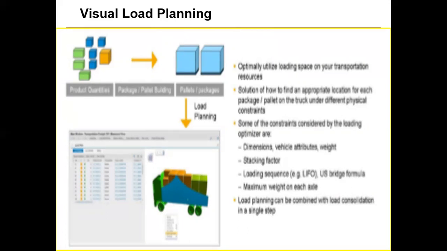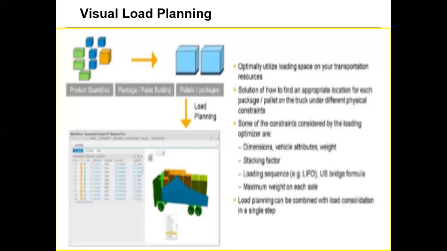Some constraints in the load optimizers: we can have dimensions, vehicle attributes, weights, and stacking factors, which means the actual space used divided by the total space available. This is the stacking factor.